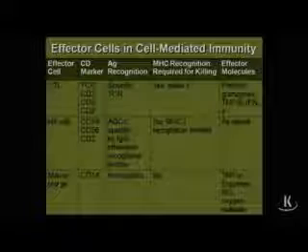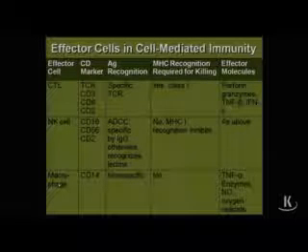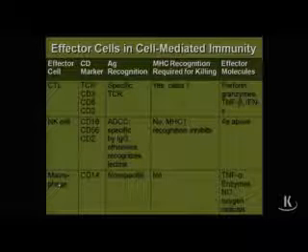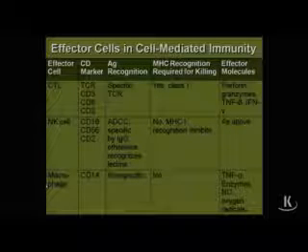Now, that's your overview, and these next couple of tables summarize some of the different mechanisms in cell-mediated killing, differentiating all the different cell types that we talked about. It lists the different CD markers. That's very important for USMLE because sometimes, in fact most of the time, instead of saying cytotoxic T cell, they're just going to say a CD8 positive cell. So you definitely need to know the CD markers.